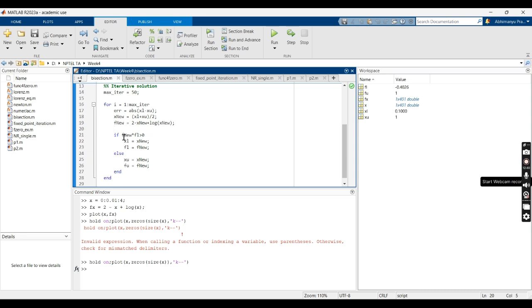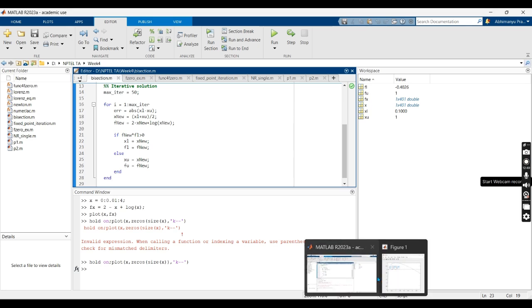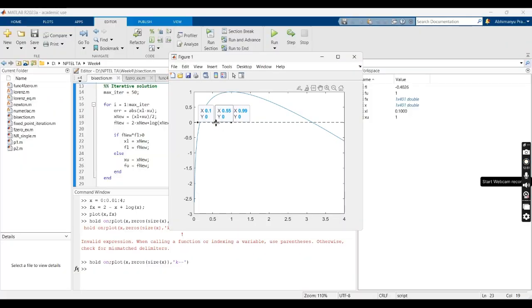So if the new value and the old lower fl value are on the same side, that means I need to replace it. So the first condition means that if my fl value, which for our case is at 0.1, and f new are on the same side, that means they will be positive.